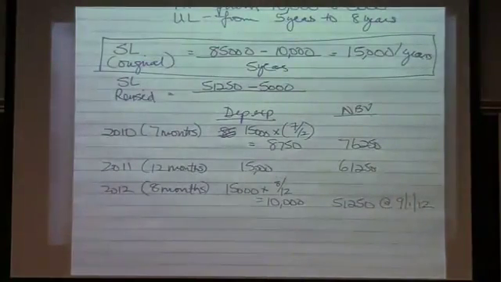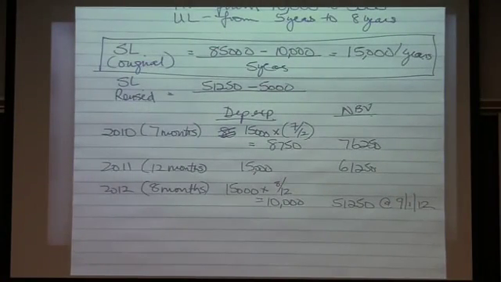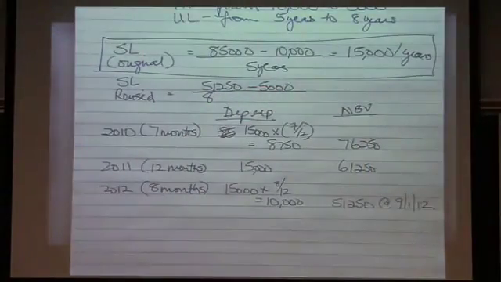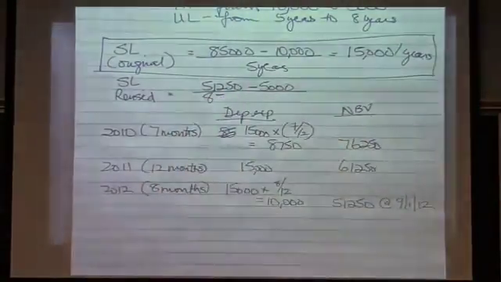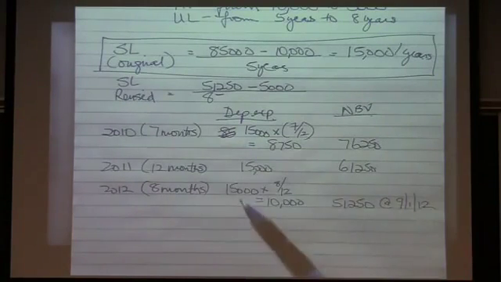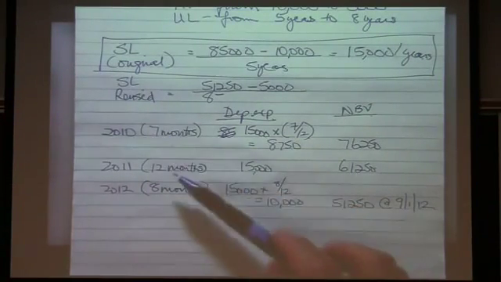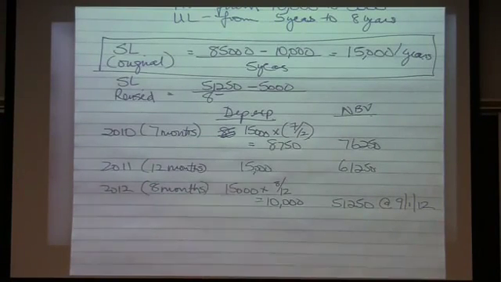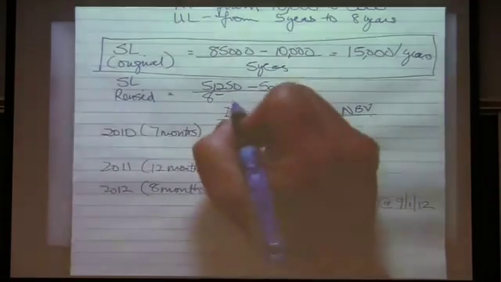Now, we're going to divide it by the following. So we're going to change the useful life to 8 years. So 8. Now, how old is the asset? So we know the asset is 7 plus 12 months plus 8 months. That gives us 27 months, and 27 months translates to 2.25 years.